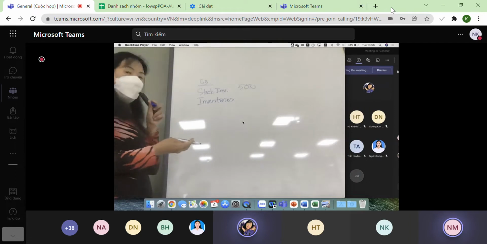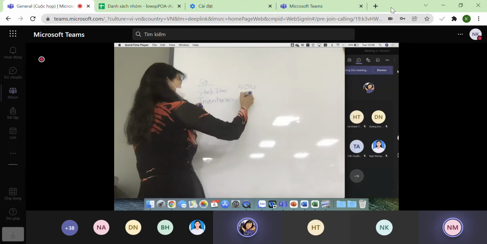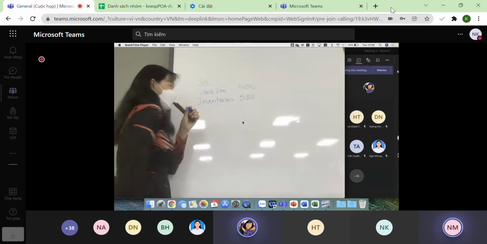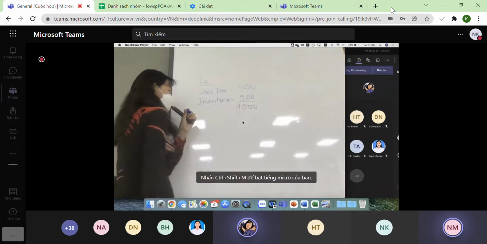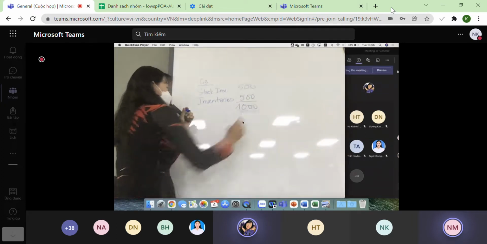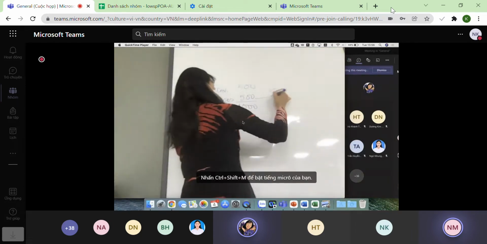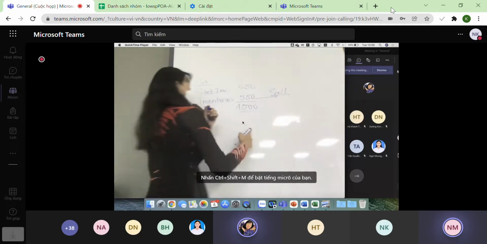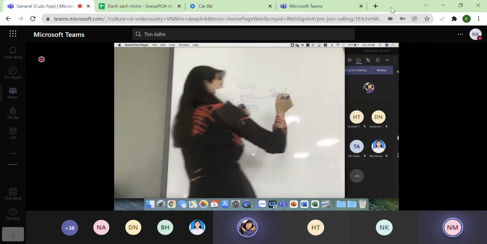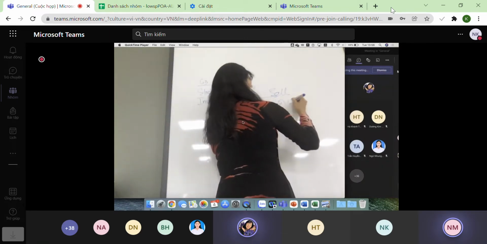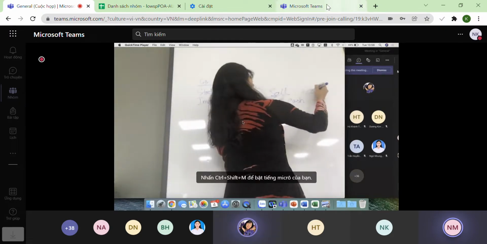Continue. Group number 3 buys inventory for 500. In total, they use up $1,000. After that, they sell all the inventory for cash with the price of 600.